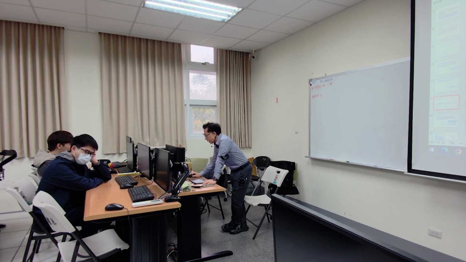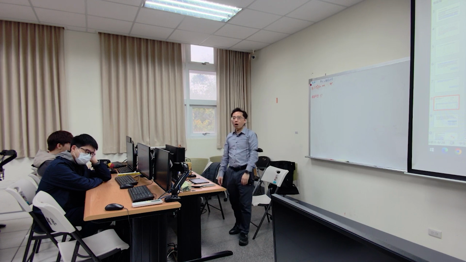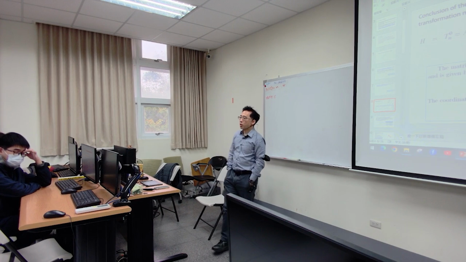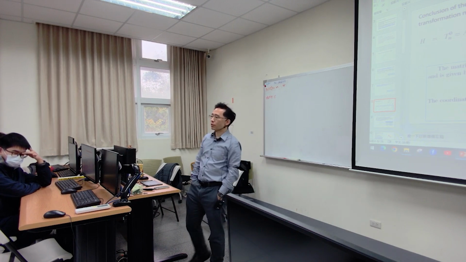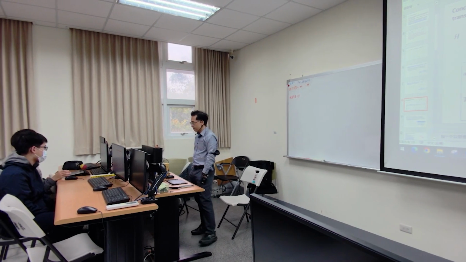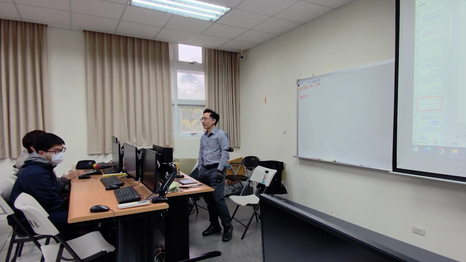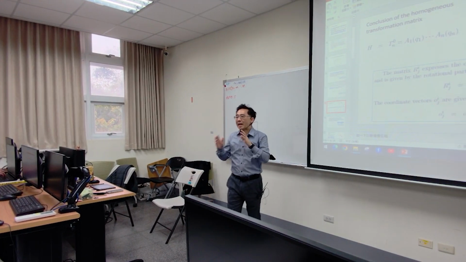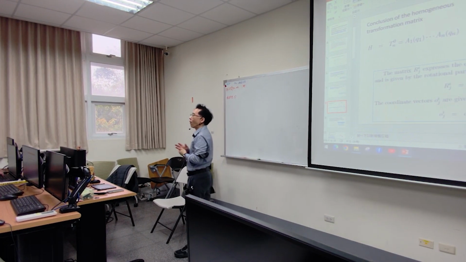Every matrix contains the rotation matrix Rn. What is the dimension of Rn? What is the dimension of the rotation matrix? What is the dimension of the position matrix? So when they combine together, they need to use a redundant dimension. So the whole matrix for H, A, and T is all of dimension 4 by 4.